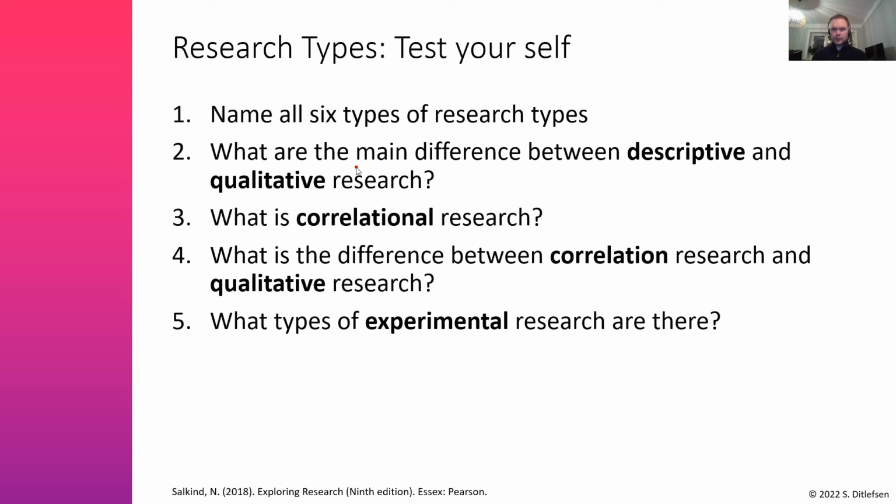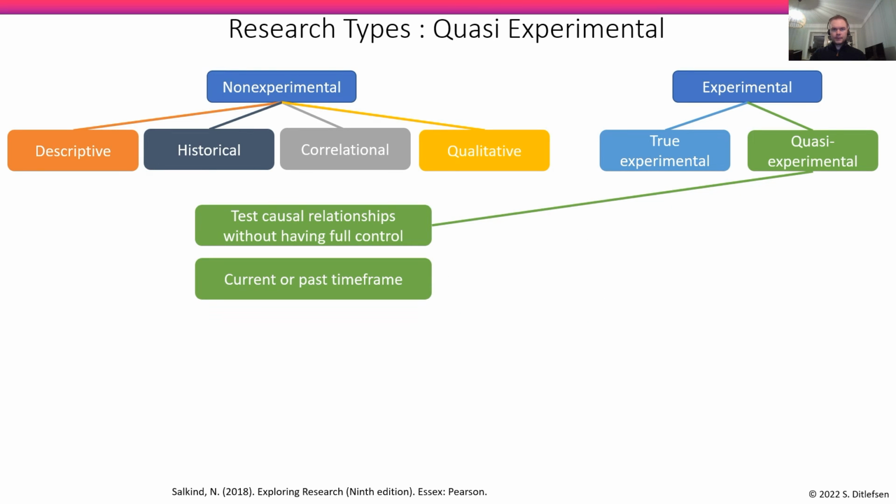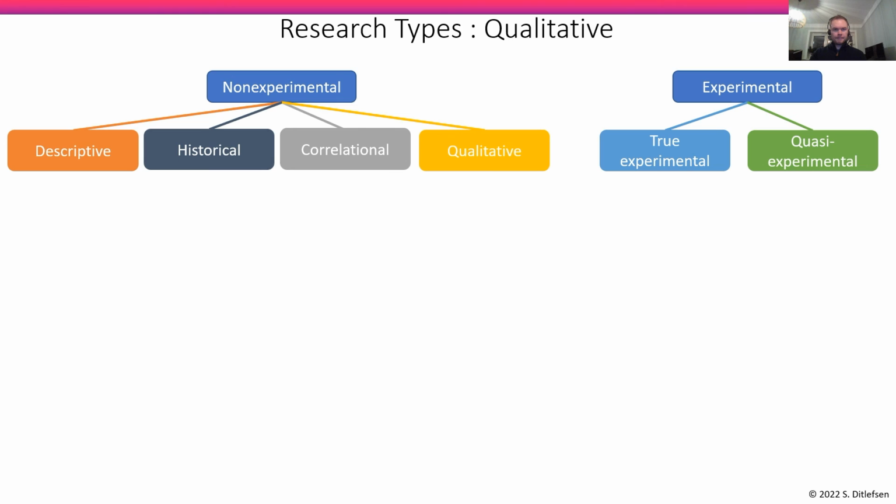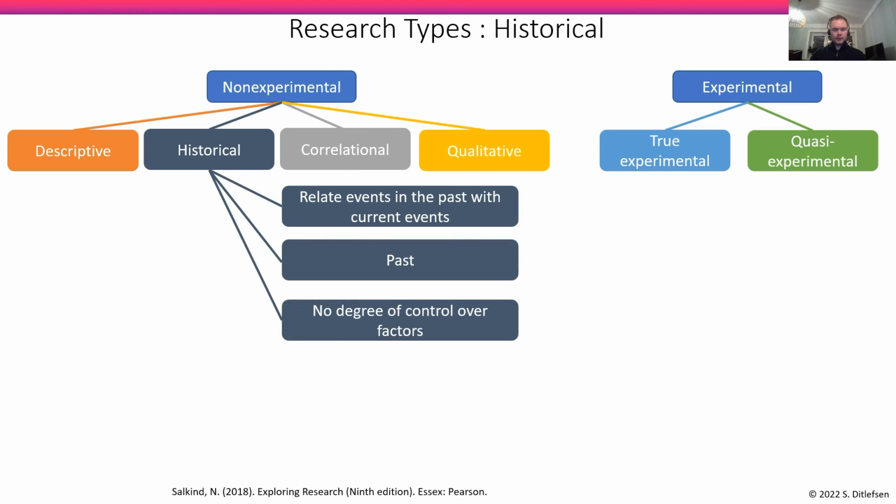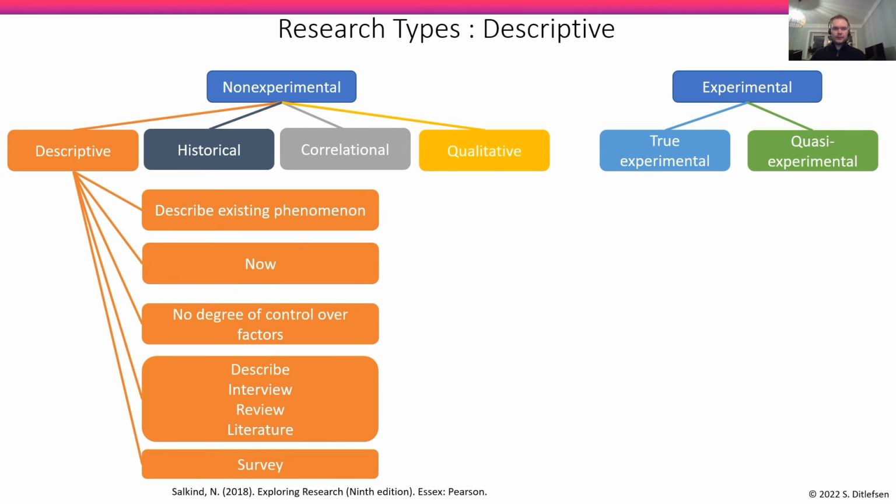So this is a good question. What are the main differences between descriptive and qualitative research? Okay, let's think now. Let's go back. What was descriptive? Describe existing phenomenon. It's now. No degree of control over factors.